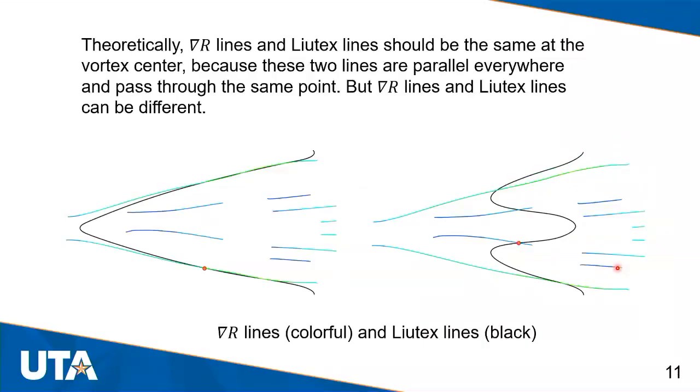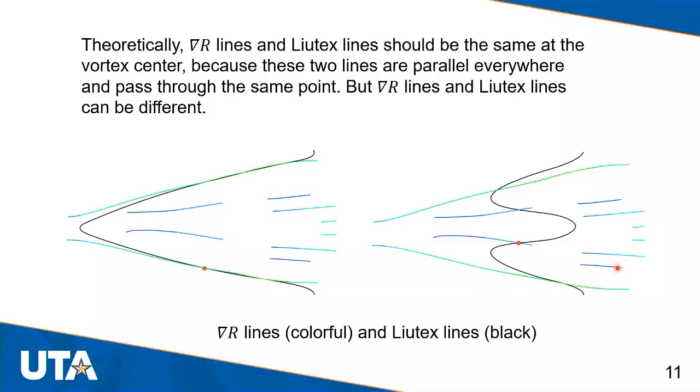Based on our definition, at the vortex center the gradient line and the Liutex line should be the same, because we require them to be parallel. If they are parallel everywhere and pass the same point, the two lines should be the same line.